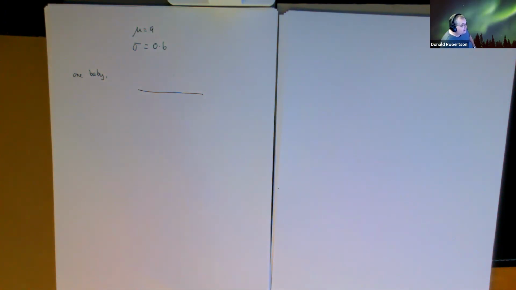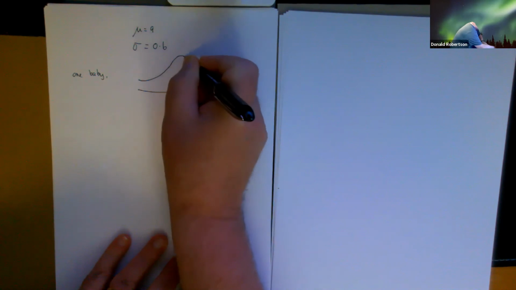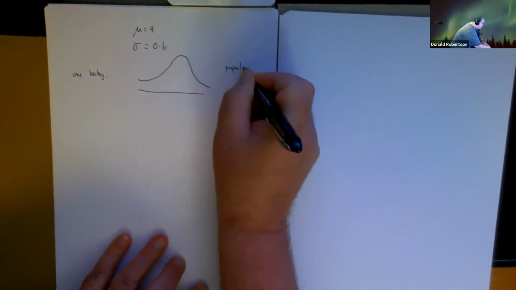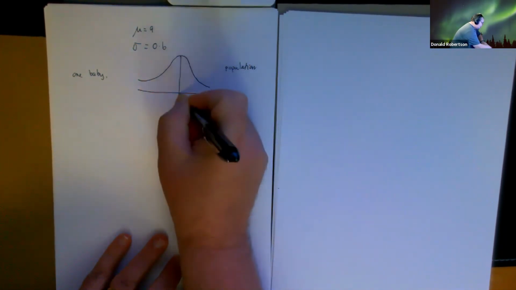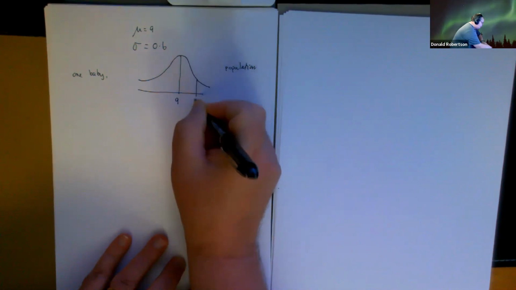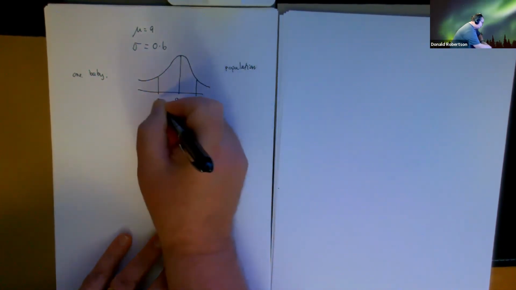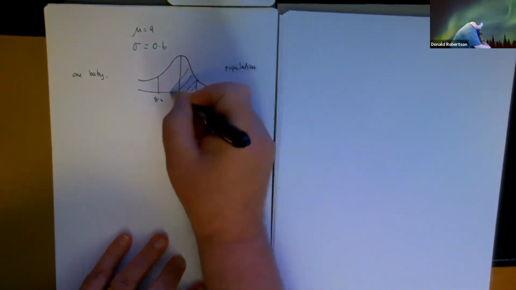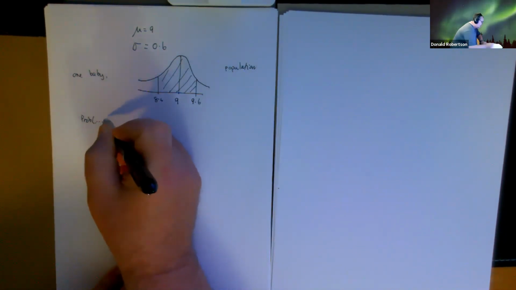And then they give you some numbers and they describe it in terms of standard deviation. So if I draw a little picture of what that would look like, this is the population. We haven't done any sample yet. Right in the middle is 9. And one standard deviation either side takes me to 9.6 and 8.4. And we're being asked to find what's the probability of that happening.